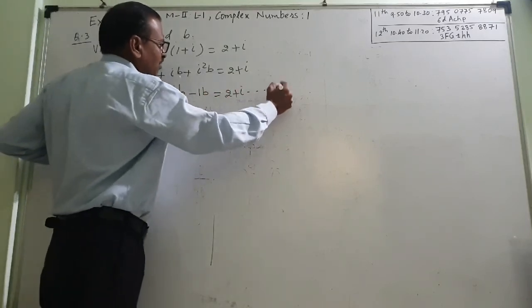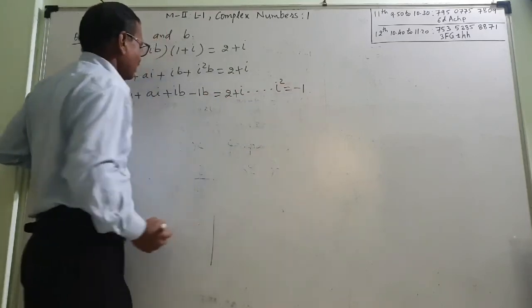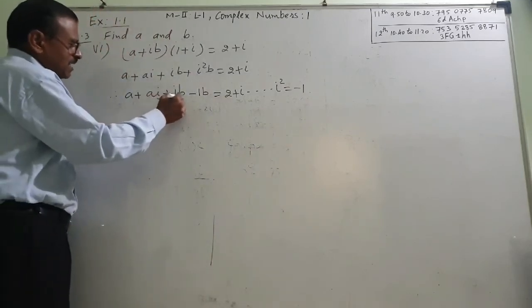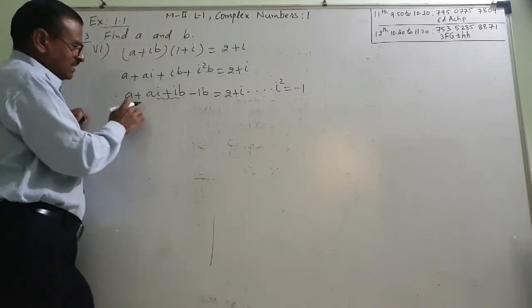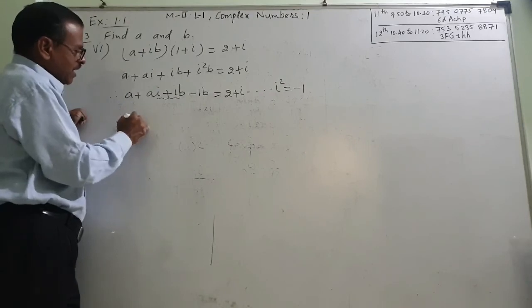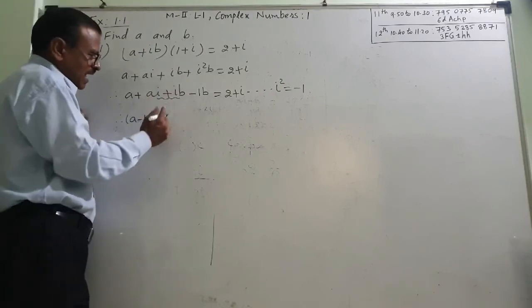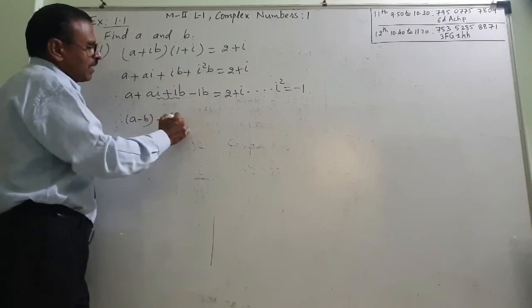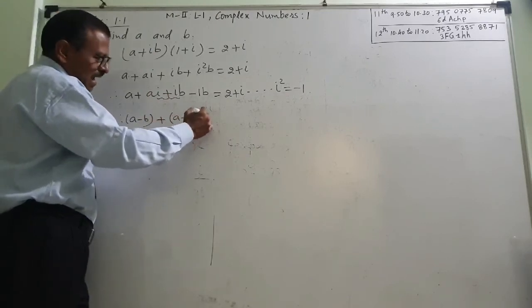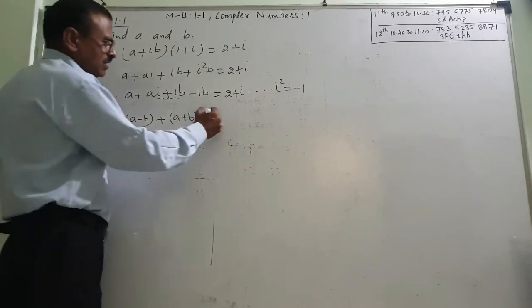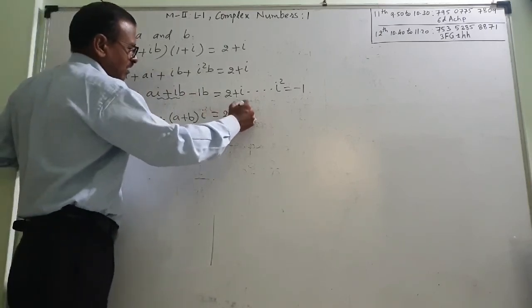Reason I have to give: i square equal to minus 1. Now this is the imaginary part and this is the real part. Therefore, a minus b, this I will put here. And from this I can take i common: (a plus b) i, is equal to 2 plus i.